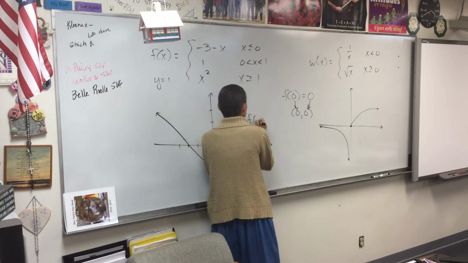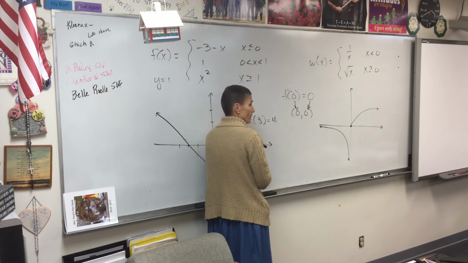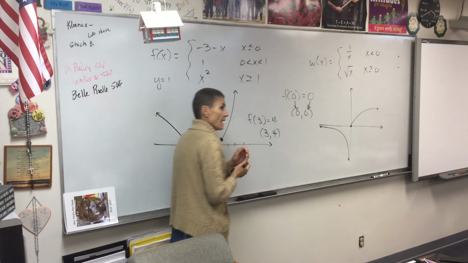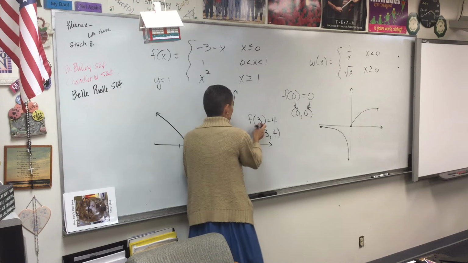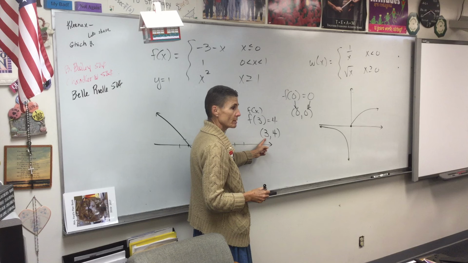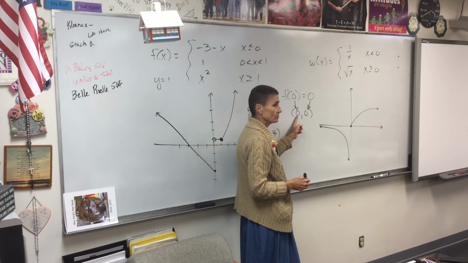If we say f of 3 equals 4, we mean the point 3 comma 4. And before you get confused, remember this is f of x. So x is 3. X is 0.